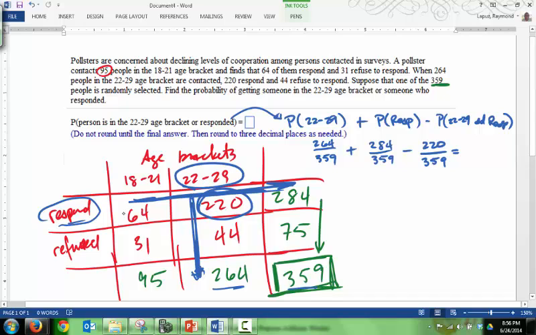People that responded and people in the age bracket would be this cell that they have in common. And so that's how you would have gotten that from this. No, not "and" in addition. In fact, the word "and" should not be synonymous to addition. The word "or" would be synonymous to addition.